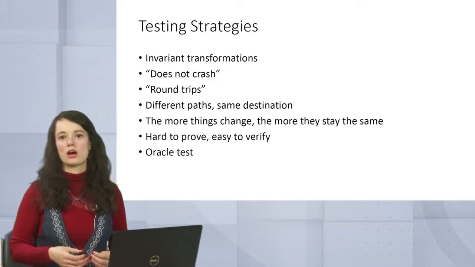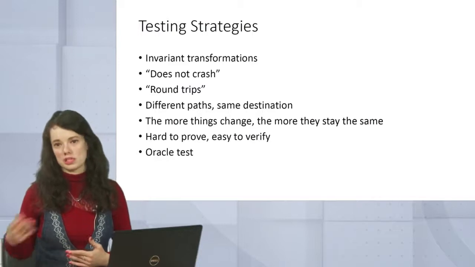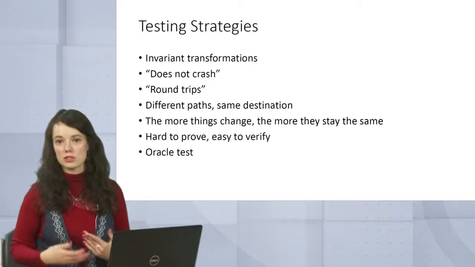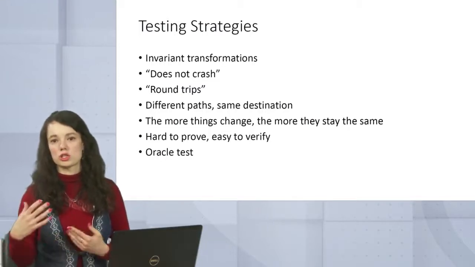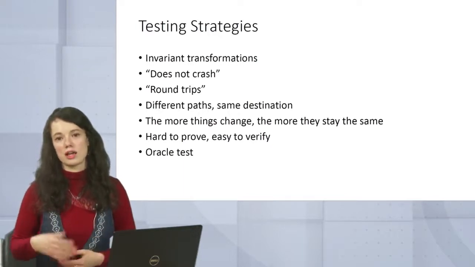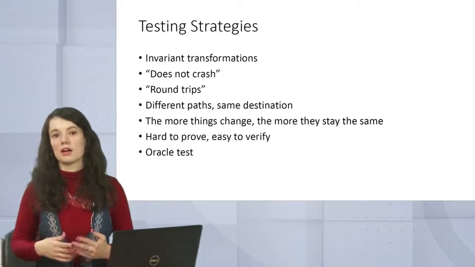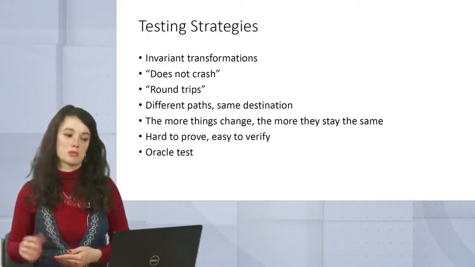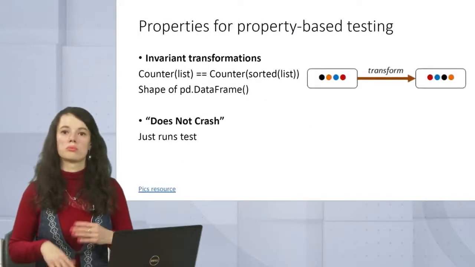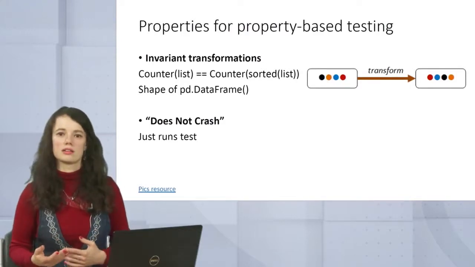Hypothesis works first by searching for an example which makes your test fail, and then in the other stage it tries to make this example as short as possible. And by providing you the shortest failing example, it helps you to find the root of this exception. So, moving on to properties in property-based testing. Property-based testing is automated testing.